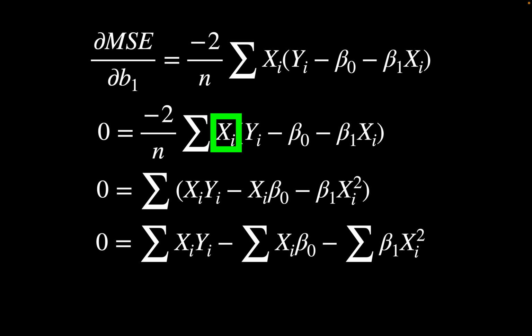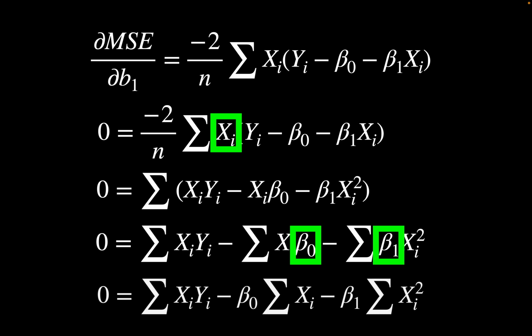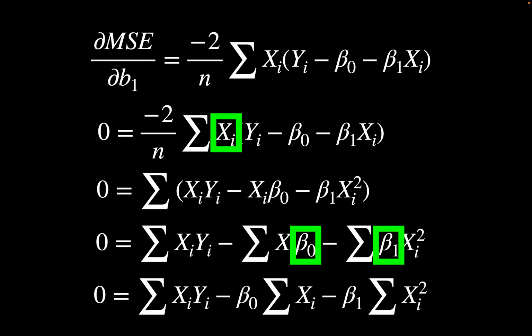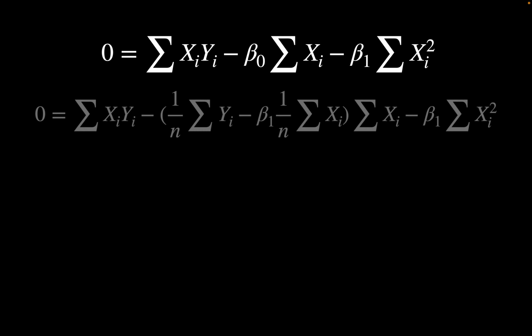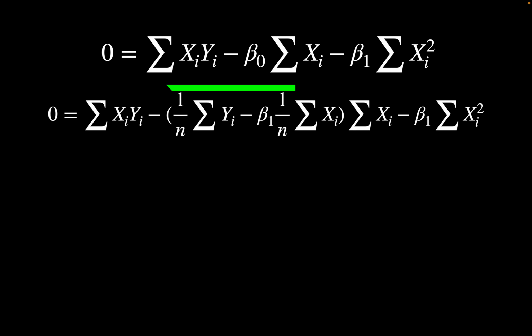Again, since addition is commutative, we could break this into three parts. These constants can be factored out. We're going to replace beta 0 with this. If you recall, this is what we found for beta 0 last time.